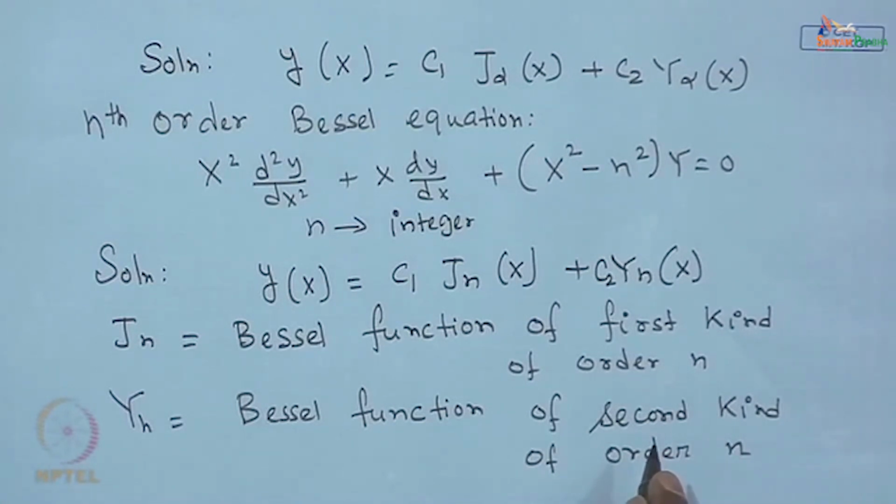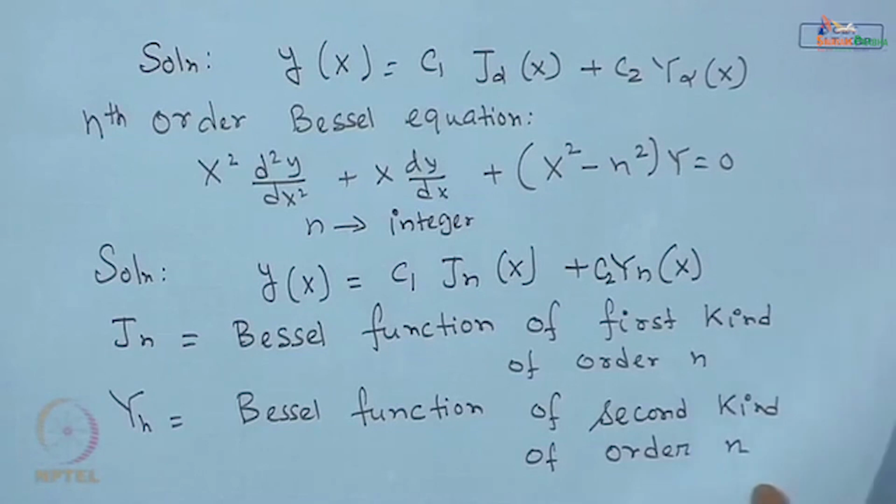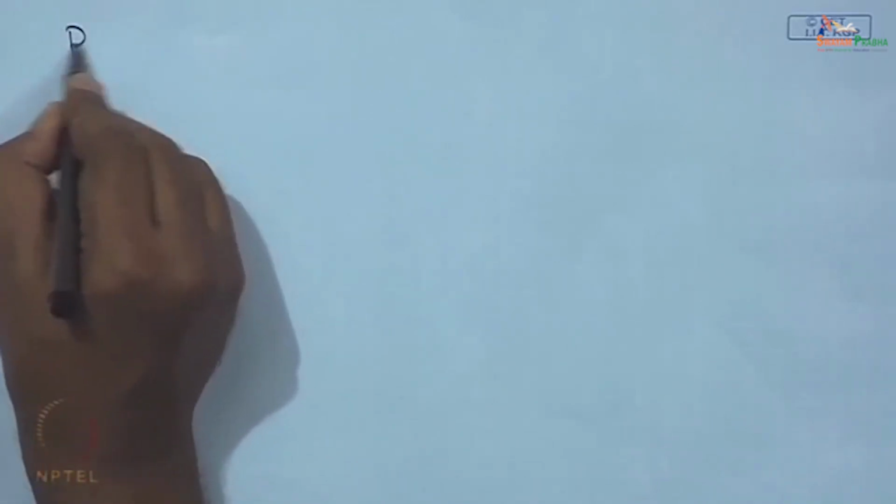Now, these will be quite common whenever we will be talking about the cylindrical polar coordinate system. The solution will be composed of Bessel functions of first kind and second kind. Let us look into some of the important properties of Bessel functions which you should know, and they will be useful whenever we will be solving this type of equations.